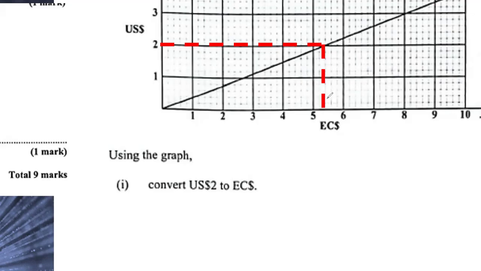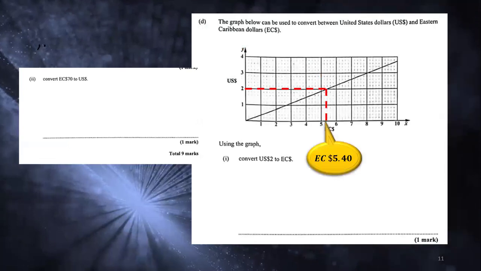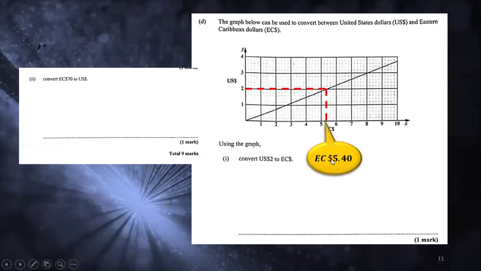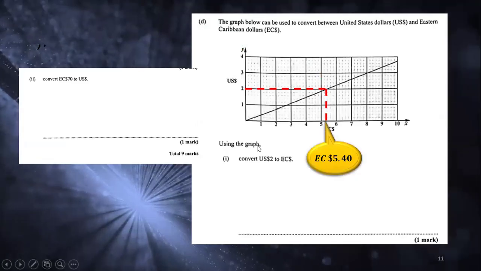The line is a bit thick and the grid is a bit not exact. However, you can substantiate it in other sources as well. You realize that the EC in this case is going to be 5.4, right? Or $5.40. So that's the answer for part 1. How you all feel about that?